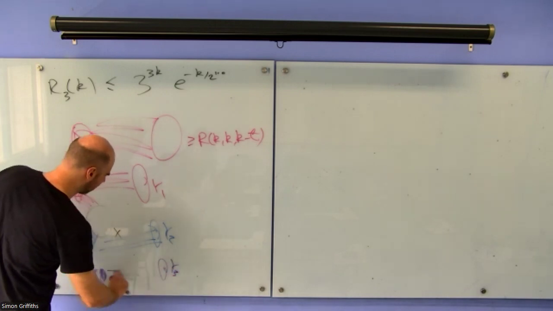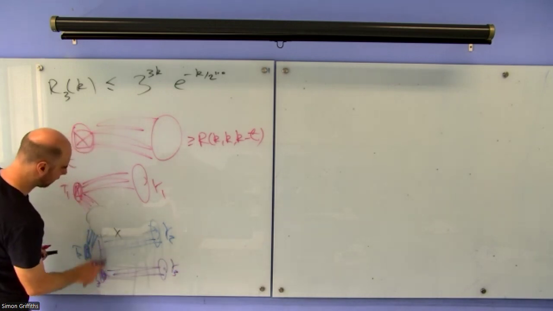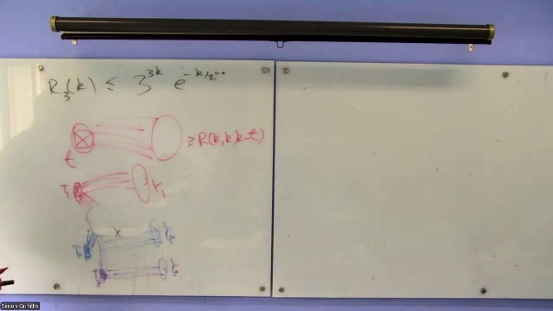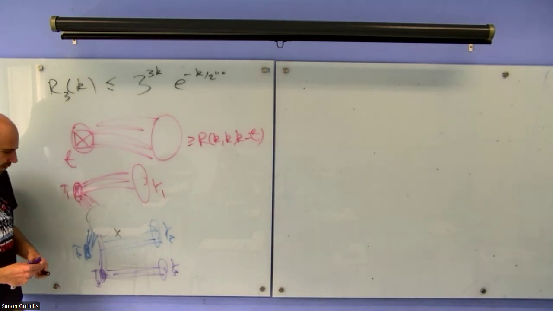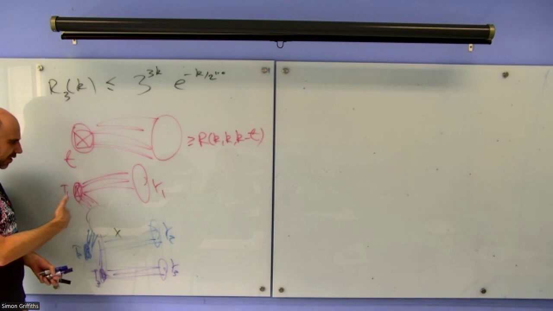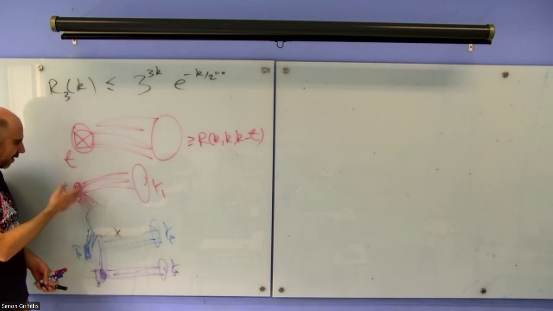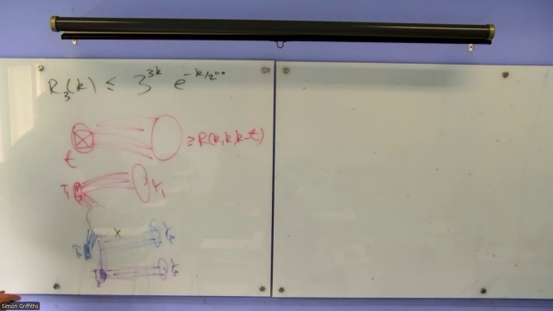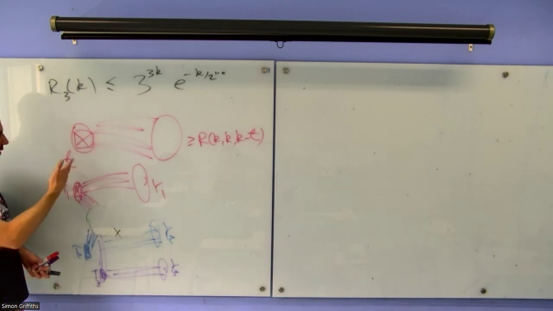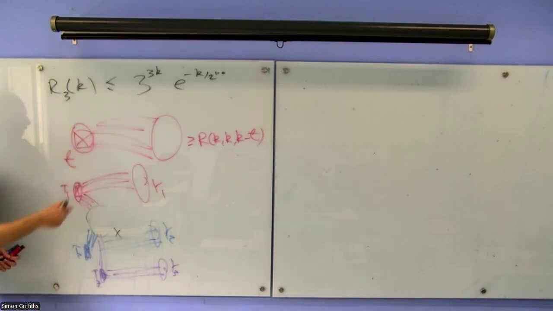So the algorithm does this, and of course it's trying to do it in such a way that you definitely do enough steps. You want to do at least T steps in one of the cliques, because you want to find this structure.